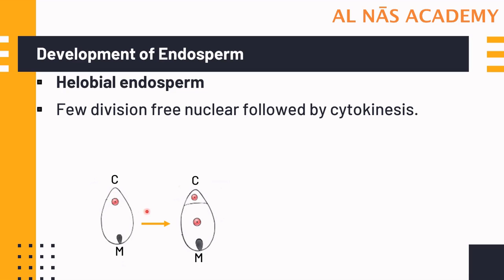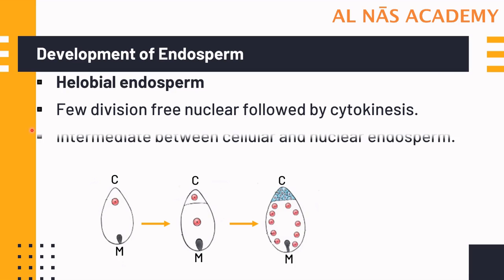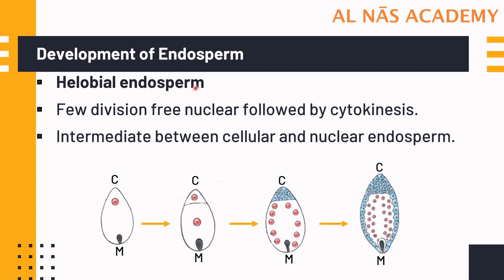The smaller cell will be at the chalazal end and the larger cell will be at the micropylar end. Then the nuclei in each cell will divide by free nuclear division, and then a wall develops between the nuclei in the micropylar chamber. So as I said, Helobial endosperm is intermediate between cellular and nuclear endosperm. Mostly it is seen in monocotyledons.